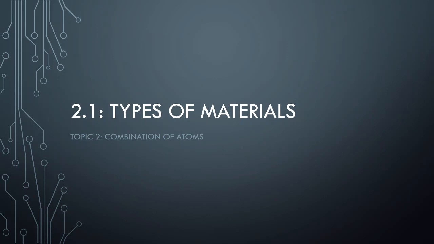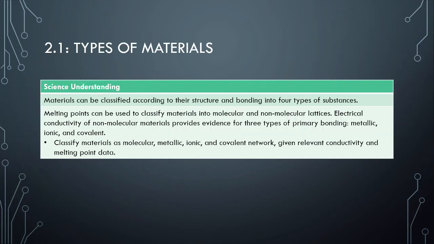Alright, welcome to the second video of 2.1 types of materials. In this video, we'll be looking at the start of the second box here. Melting points can be used to classify materials into molecular and non-molecular lattices.